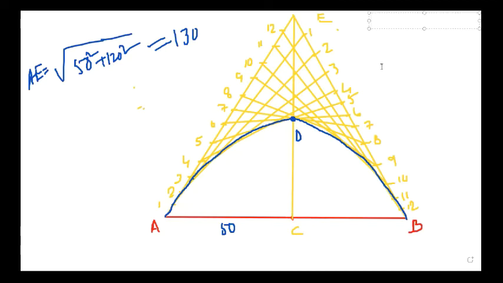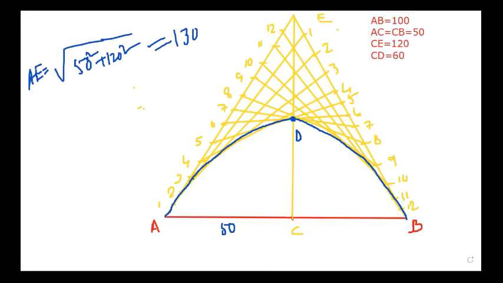So here AB equals 100, AC equals CB equals 50, CE equals 120, CD equals 60.